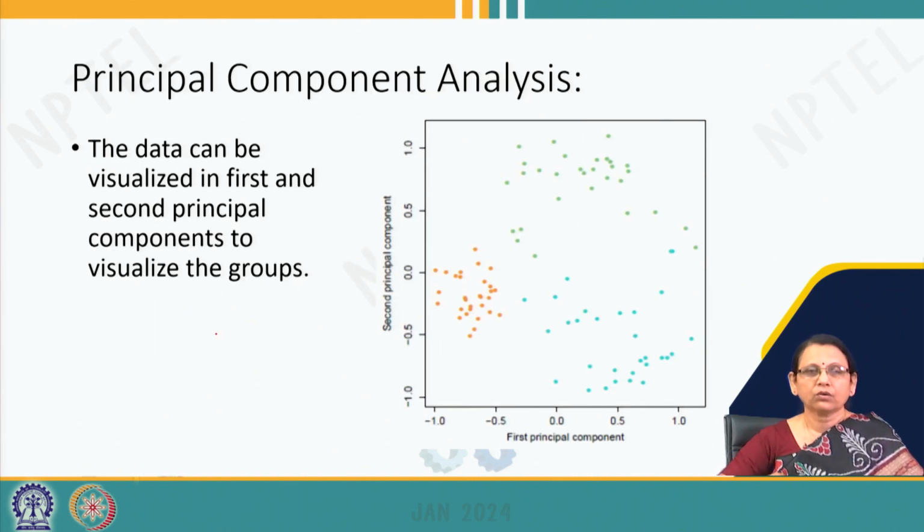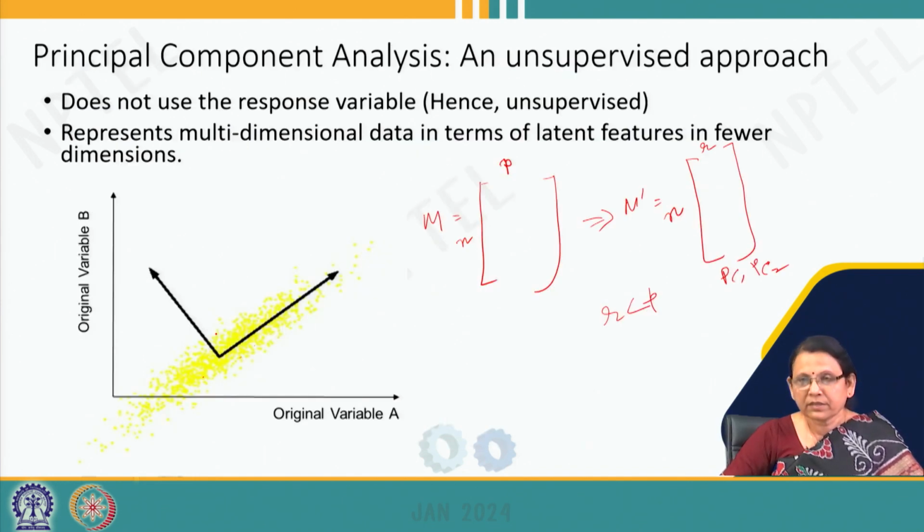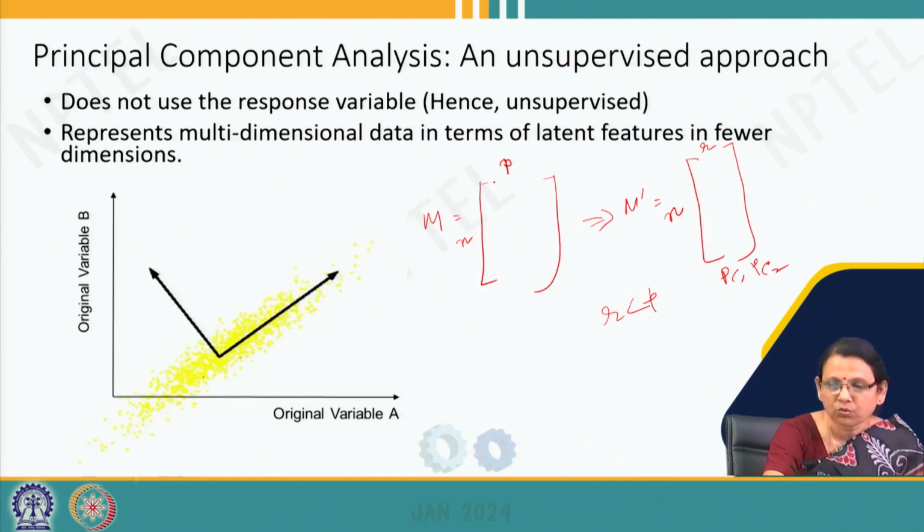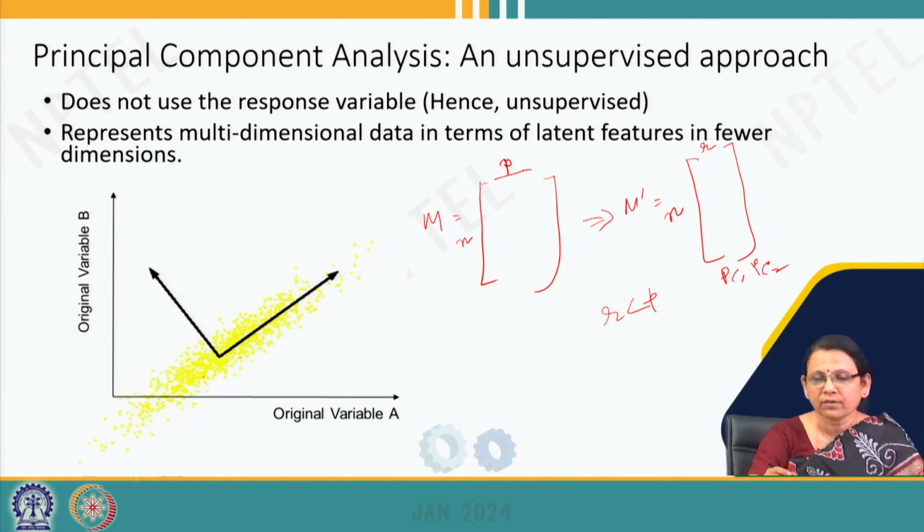Now, what is the use of these principal components? One of the basic questions that we asked in the beginning of this lecture is, unsupervised methods work only on the attribute part. So, in the case of principal components also we used only these p attributes, not the response variable.